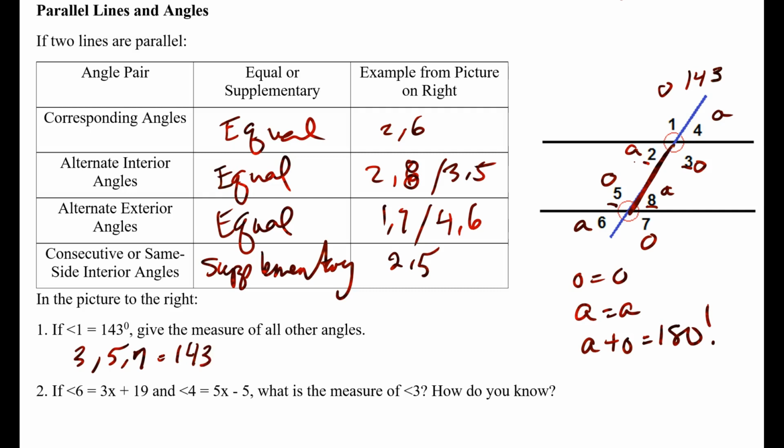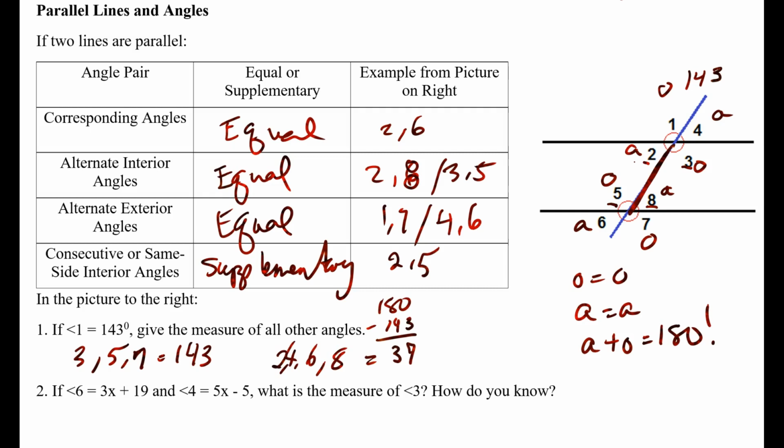And then 180 minus 143 is going to give us 37. That's what all the A's are, which is 2, 4, 6, and 8. Angles 2, 4, 6, and 8 will be 37 because they're all equal.